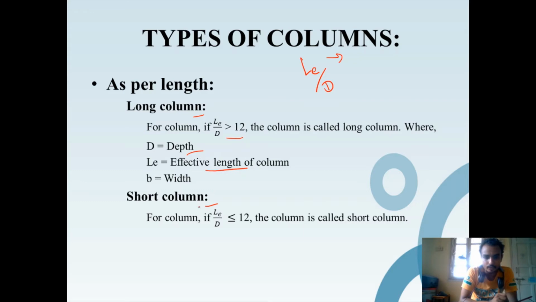For a short column, if the LE by D ratio is less than 12, the column is called a short column. Remember: greater than 12 is long, less than 12 is short.